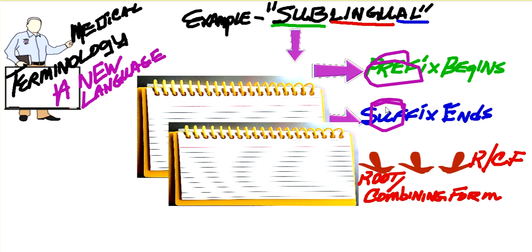But we may be using some of the root or combining form to create that for us as well. So we might have a vowel like an O or an I in between that. Now, in learning medical terminology, when you and I read a book or a magazine article, we start from the left and read to the right.